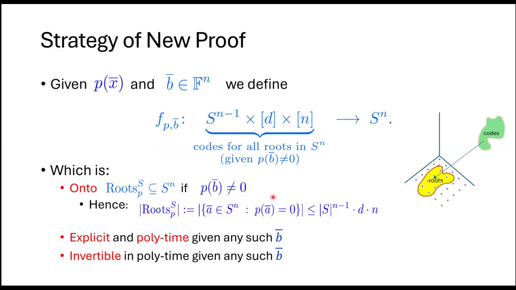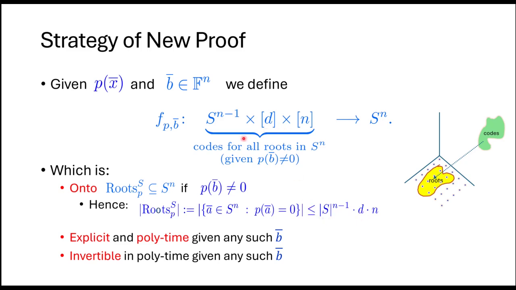And so this will already be enough to prove Schwartz-Zippel. Why? Because the size of the domain is obviously at most S to the n minus 1 times d times n. n is the number of variables, d is the maximal individual degree.